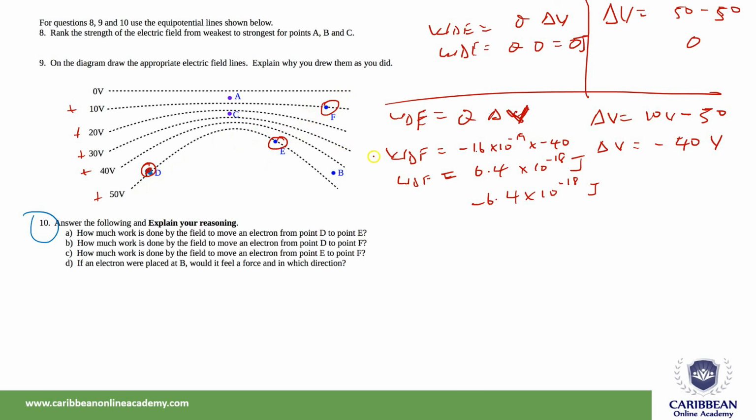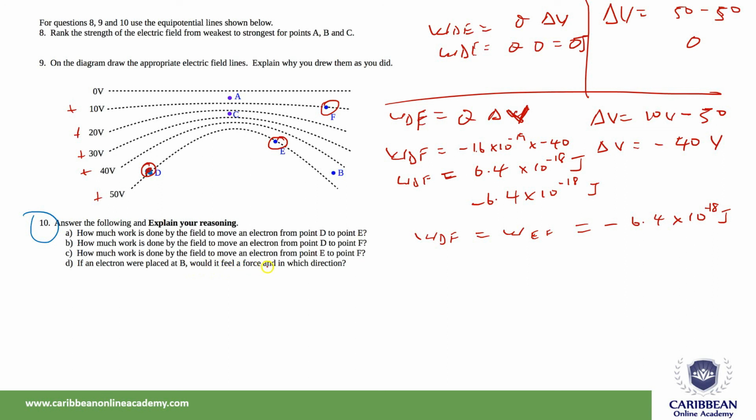So we can say the work done to move the charge from D to F is equal to the work done to move the charge from E to F. So that would ultimately be equal to minus 6.4 times 10 to the minus 18 joules.